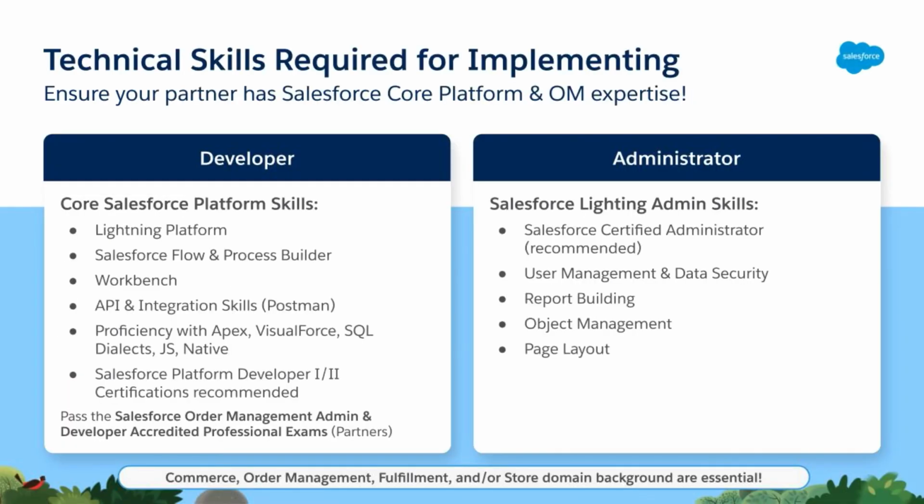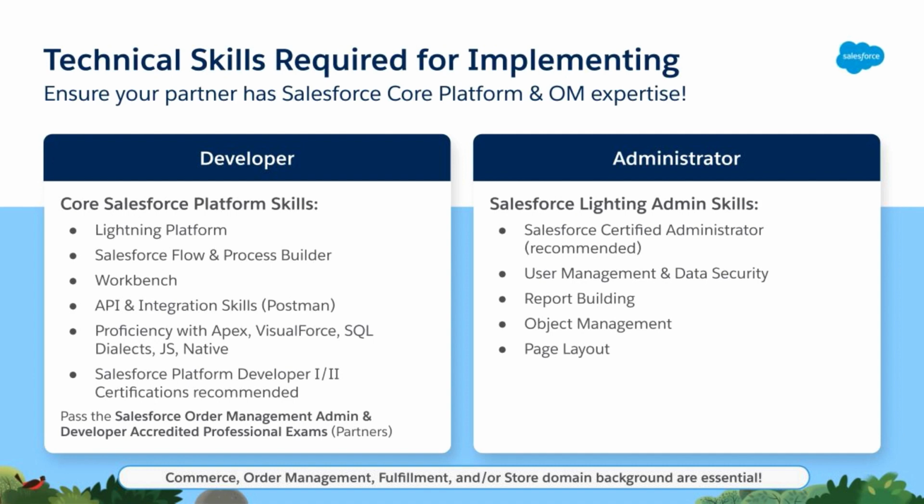Here we have some important technical skills that are required for implementing order management. You'll want to ensure that your partner has expertise in these areas. For developer roles on the left side here, you want to ensure they're skilled in using the Lightning platform and its automation tools, which are Salesforce Flow and Process Builder.